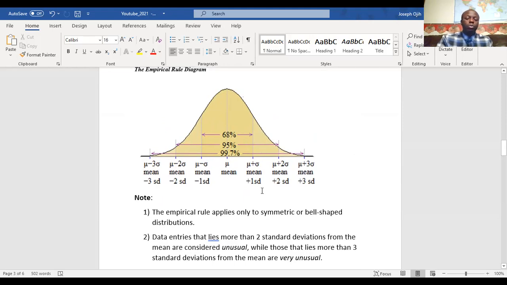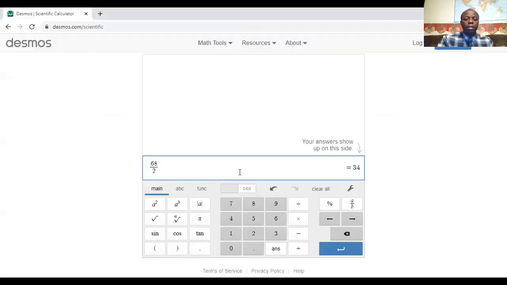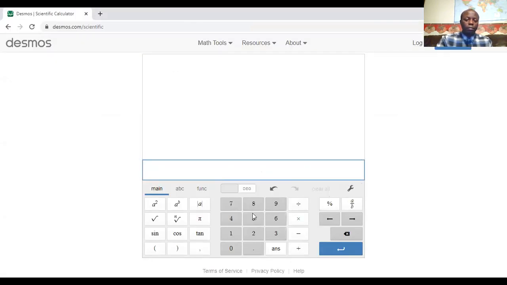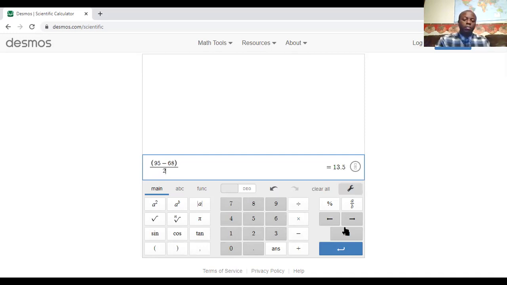Okay. So we'll take it to decimals. So we're gonna have 95 minus 68% that we already have. Okay. Now, since we are talking about left side and right side, we're gonna divide by 2. That gives us 13.5% on the left side and 13.5% on the right side.